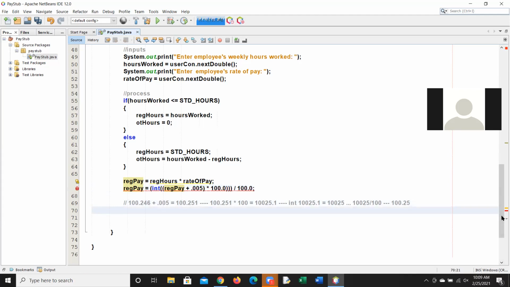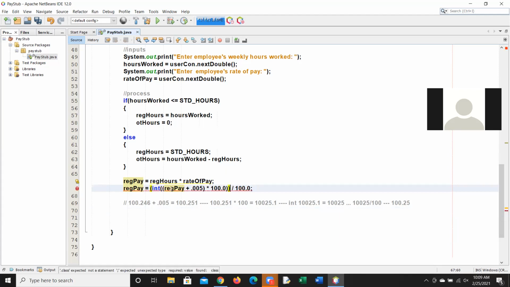Okay, whoops, what's going on here? Class expected, reg times int. So I got 3 on this side, 4 on this side.